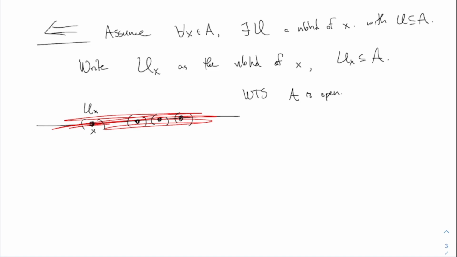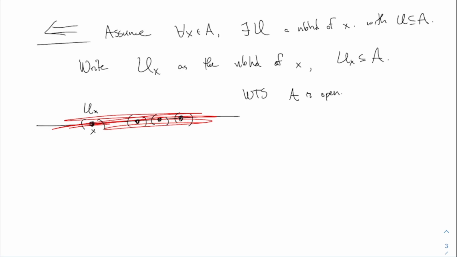Now, how can we show something is open in a topological space? Of course, in real analysis, open always boils down to some kind of epsilon. But in a topological space, the only way to make something open is if it's a finite intersection of opens, or some union of opens. And I think my set A naturally looks like a union of all these little neighborhoods.